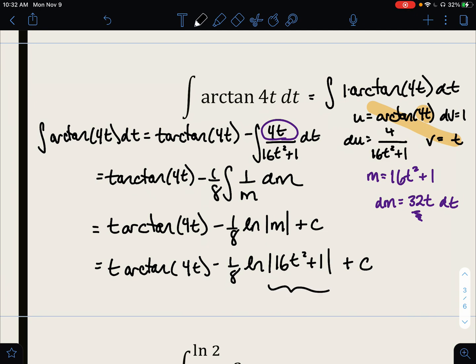You'll notice here that the absolute value signs on 16t squared plus 1 aren't really necessary because it's always going to be a positive number, right? Anything squared plus 1 is always going to be greater than 0. But just keep the absolute value signs there. It's not hurting anything, and it's just a good habit to get into.